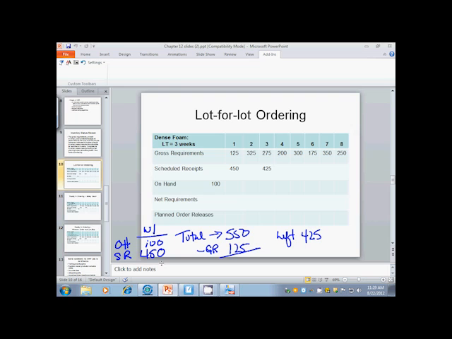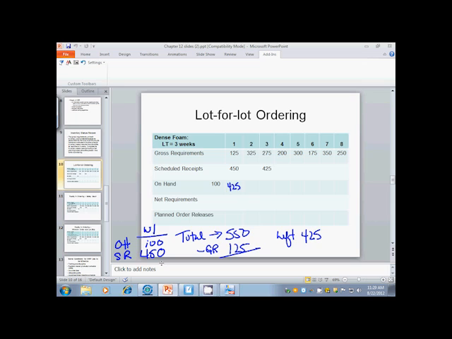So at the end of week 1, I'm going to have 425 units left over. You always need to put the number left on hand at the end of the time bucket. There's our week 1.